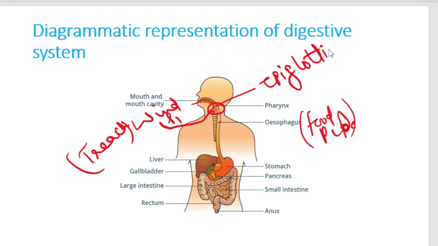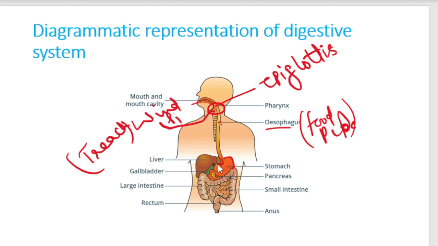This doesn't let the food enter into the windpipe. If food enters the windpipe, it is choked, airflow doesn't take place, and that is why we die. And when food comes through the food pipe or esophagus, it enters directly into the stomach.